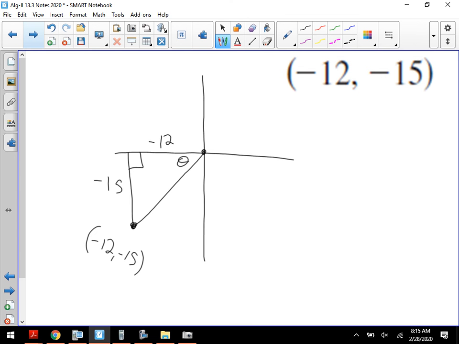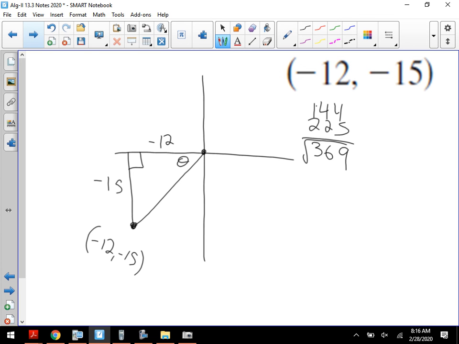What's the triple? Oh, it's not. Yeah, you're right. I was thinking 5, 12. So what's 12 squared? 144. Okay. 15 squared. All right.